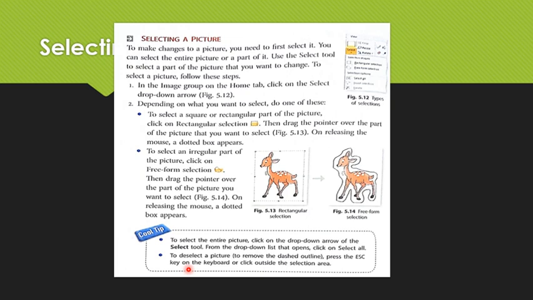Otherwise, to deselect a picture or to remove the dashed outline, press the ESC key, means escape key, on the keyboard, or click outside the selection area. Then the dotted box will disappear and the selection will disappear. Clear now?